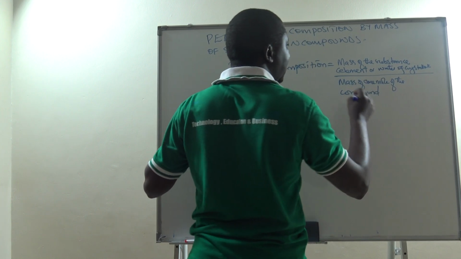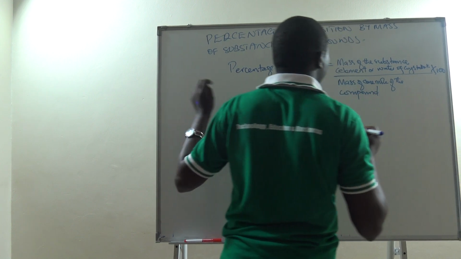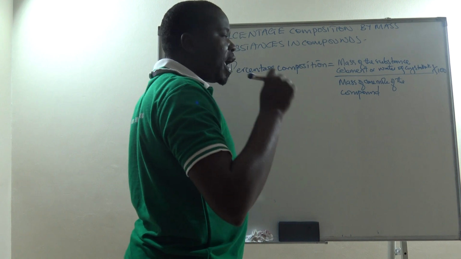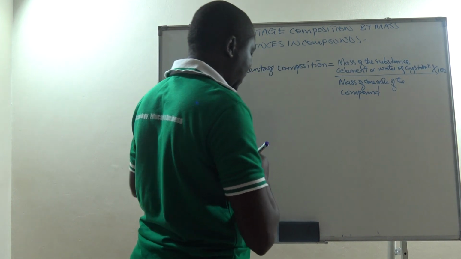And to make it be a percentage, we shall multiply by 100. So this one gives us what we call percentage composition, and we shall make the unit be percent because it is a percent in this case.